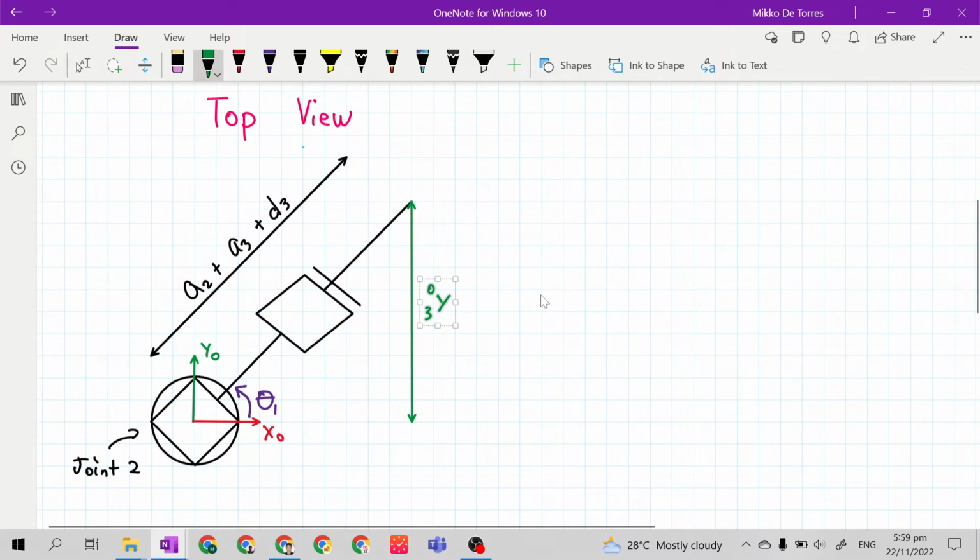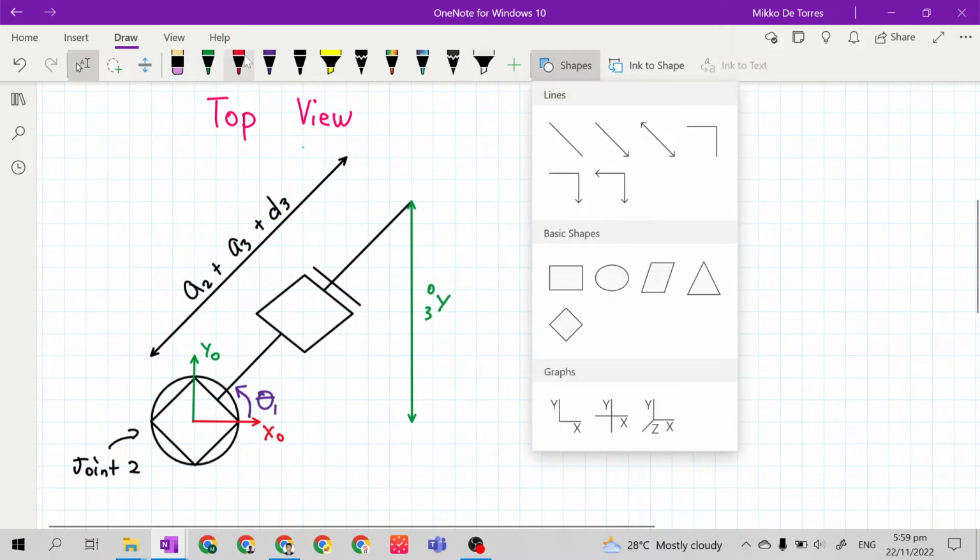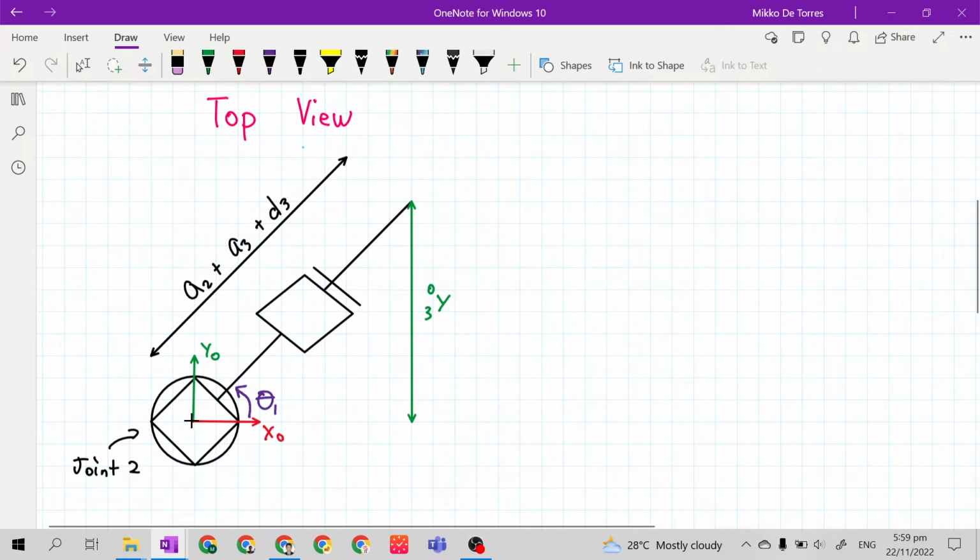Then from the end effector up to the base along the x sub 0 axis, we have x03, the given coordinate. These coordinates will become the sides of our right triangle. So this is given, this is given. Because y03 and x03 are given, we can solve for theta 1.